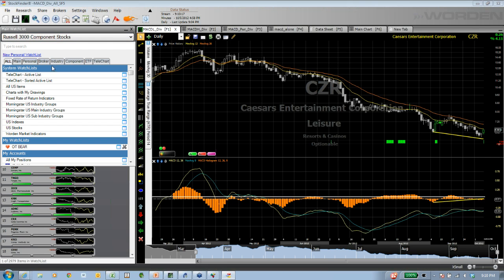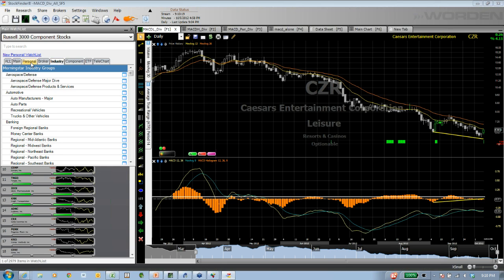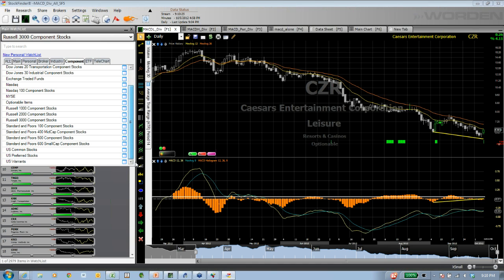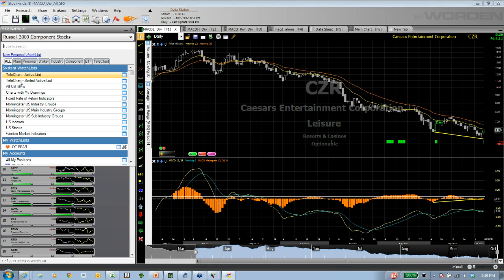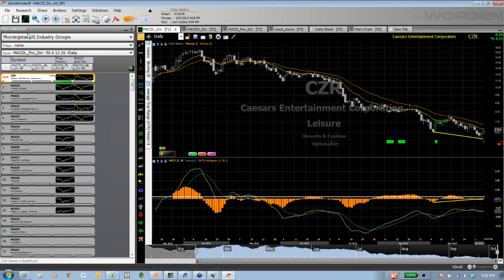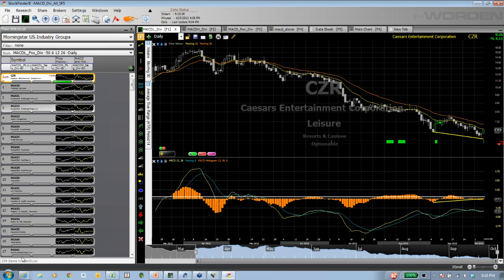One thing I often do is I'll go to a small list. I will go to components. See if I can find what I'm looking for. So they have 239 industry groups.